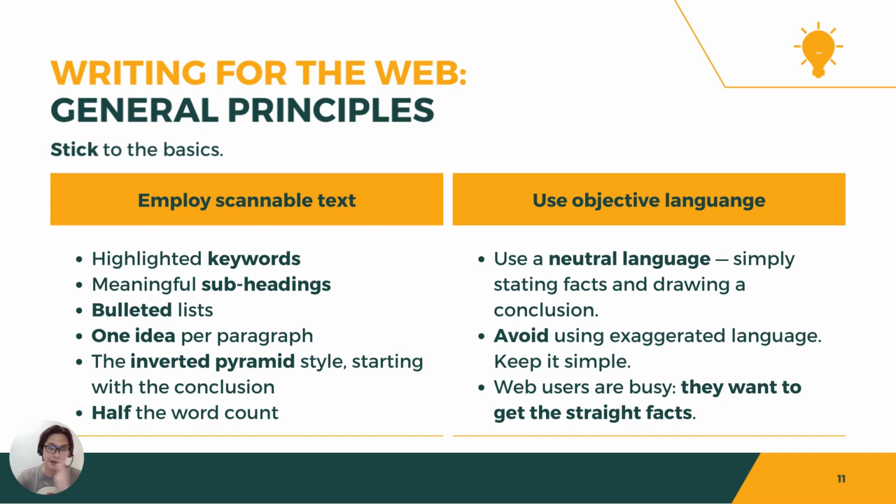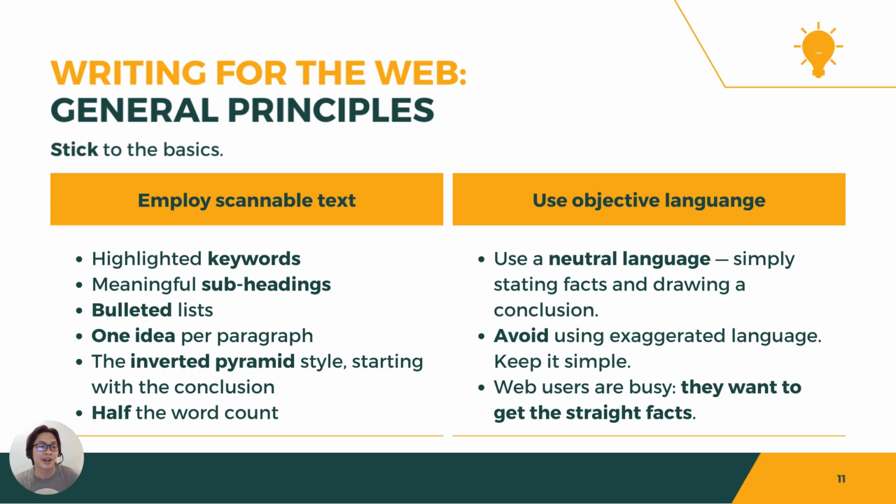For the second part of the presentation, we use objective language. The usability of the information on a site can be improved by 27% according to Nielsen by using neutral language, by simply stating facts and drawing a conclusion rather than boasting or using exaggerated language.